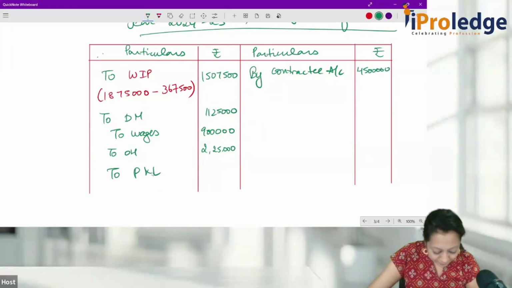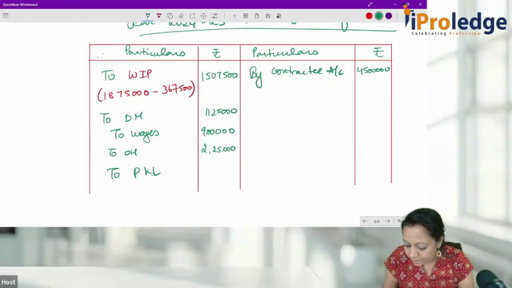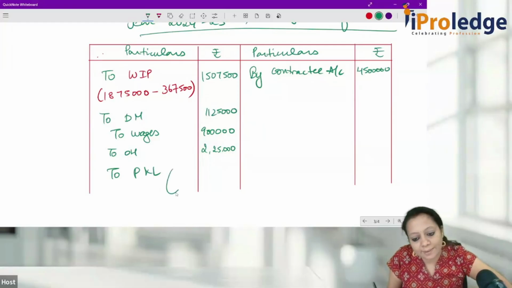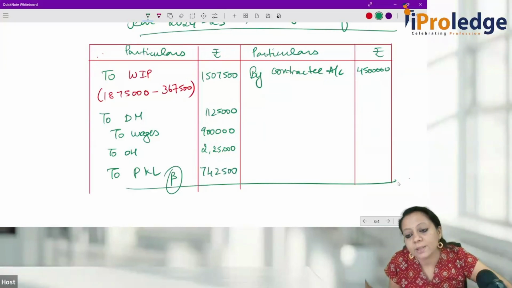Seven lakh 42,500, this is a balancing figure. That's all. It's over.